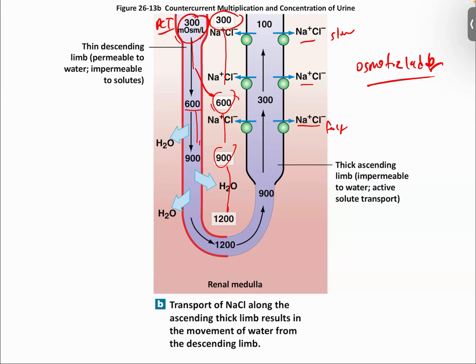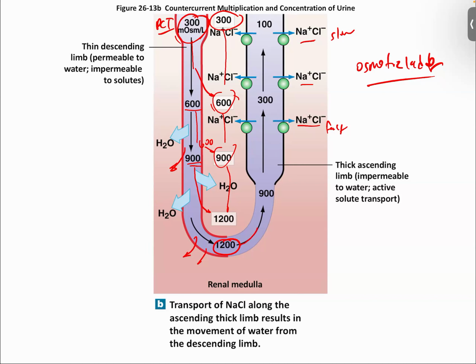Now 600 sees 900, so you lose more water until you become 900. Then you keep going down, and 900 sees 1200, and you lose more water, right? The nature of this osmotic ladder is to stepwise, progressively wring out more and more water. Ultimately, once you get down to the bottom of the loop, you're at about 1200 milliosmoles. So this is very concentrated filtrate at this point.